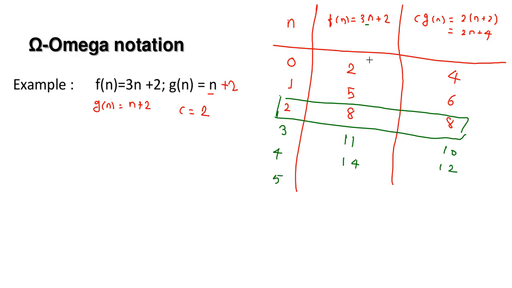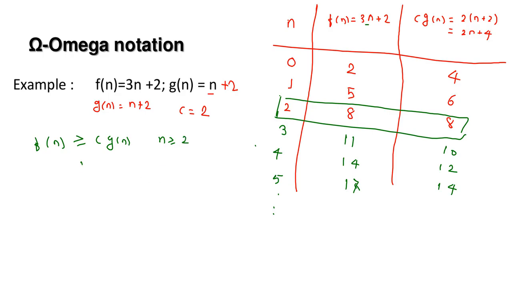For n equal to 5, 3 into 5 is 15 plus 2, 17, and 2 into 5 is 10 plus 4, 14. As we go on increasing n, f of n is always greater. In this example, f of n is always greater than or equal to c into g of n for n greater than or equal to 2.